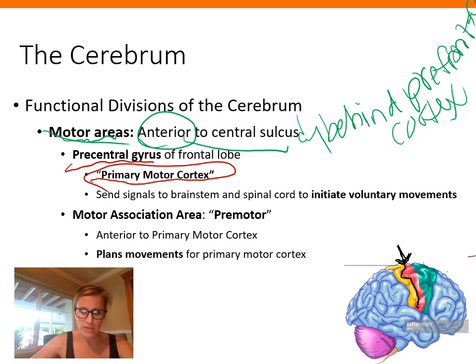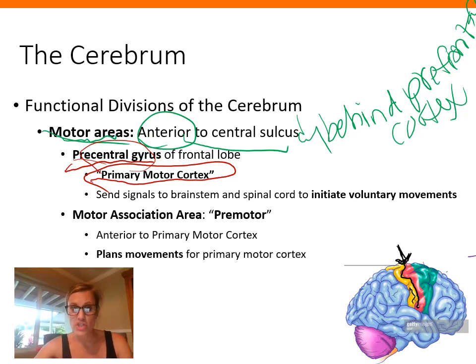In front of the central sulcus, the gyrus, the raised area, is the precentral gyrus because it's in front of the central sulcus. This gyrus right here in yellow, right behind it, is the postcentral gyrus because it's right behind the central sulcus. We're talking about the red part right now, the precentral gyrus that's just in front of the central sulcus.